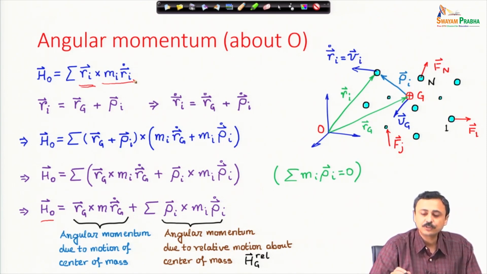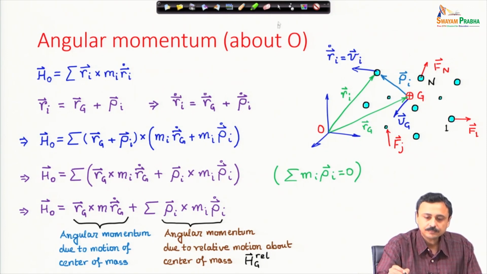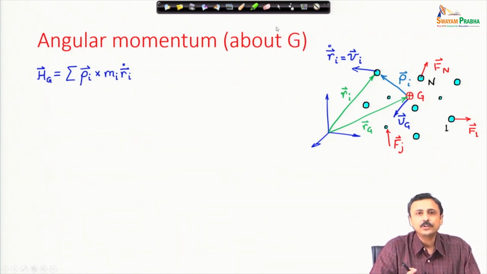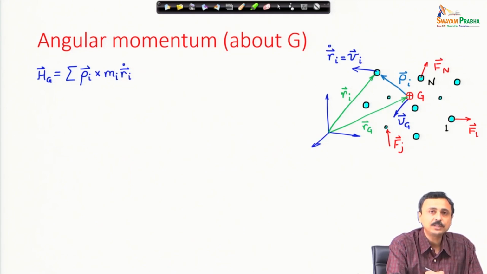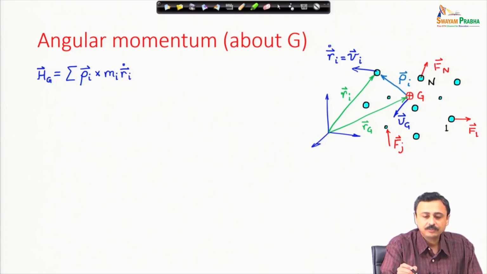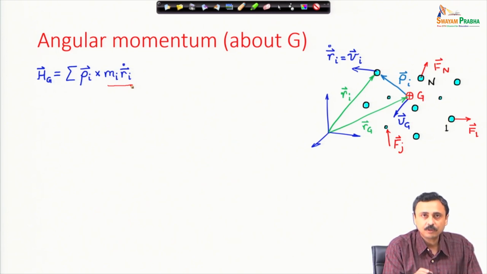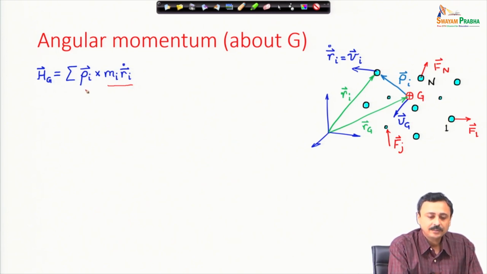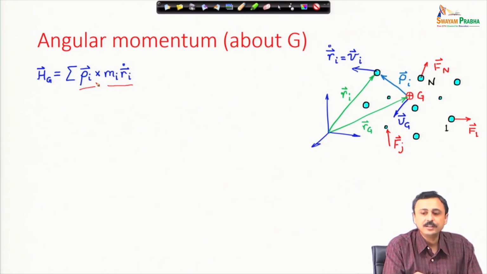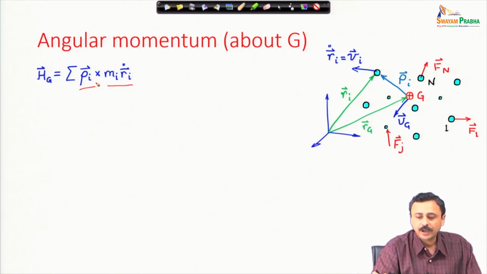So, the position vector was measured from O. Now, what we are doing is trying to find the moment of linear momentum about the center of mass, the angular momentum about the center of mass, and we will define it like this: we take the linear momentum of the ith particle and rho I cross that linear momentum, and rho I is nothing but this relative vector from the center of mass to the ith particle.